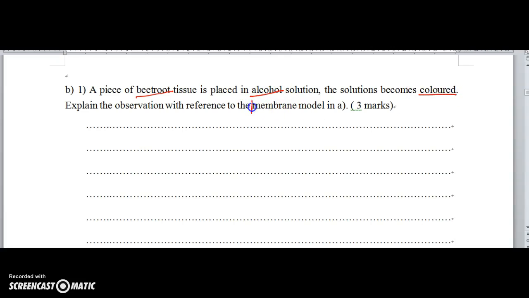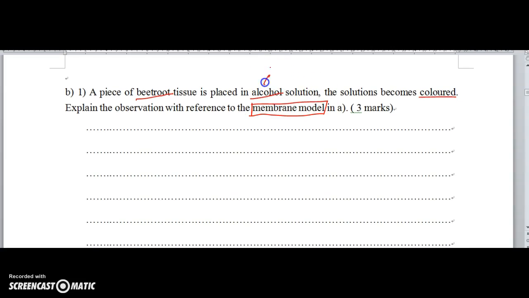You have to explain by the membrane model. So you should understand alcohol is an organic solvent. It can dissolve fat.